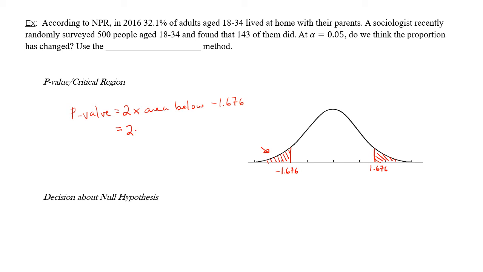So we'll do 2 times, in this case, the probability that z is less than negative 1.676, where we're going to use the normal CDF on our calculator. In this case, negative 1e99 for the lower value, negative 1.676 for the upper value, 0 and 1 for the mean and standard deviation.